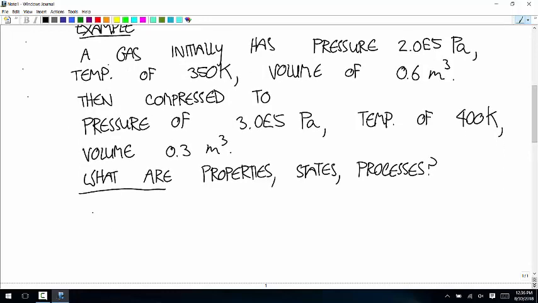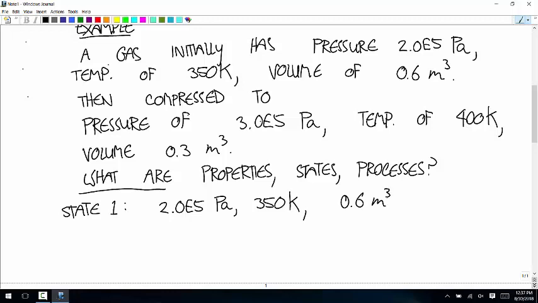So let's say that first state, that first instant that we have information about, is state 1, and the other stuff is state 2. So state 1 is made up of a pressure of 2.0 times 10 to the fifth pascals, a temperature of 350 Kelvin, volume of 0.6 cubic meters, and on and on.